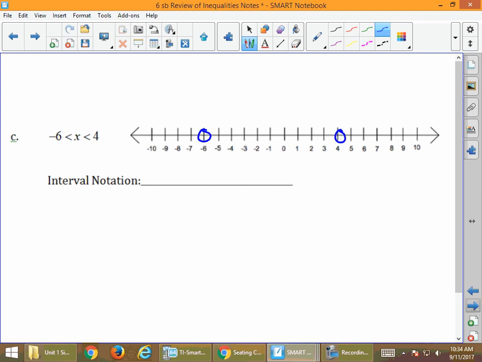We're going to have an open circle on the 4, and we want everything in between. But once again, here's where it's really going to look like an ordered pair. -6 to 4, because both of those are open circles. There's no equals in the inequality. We're going to have parentheses.